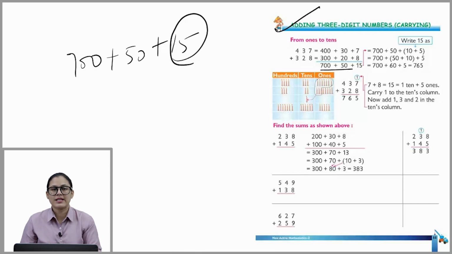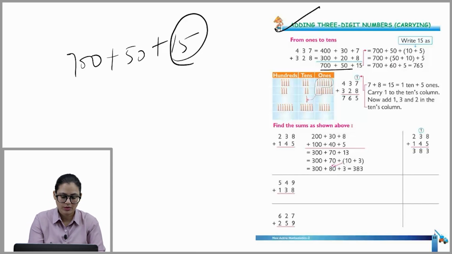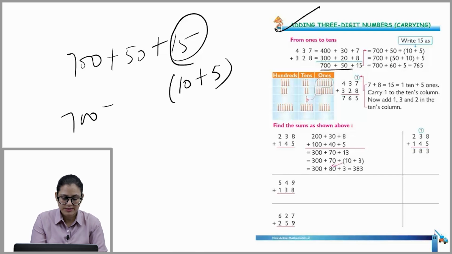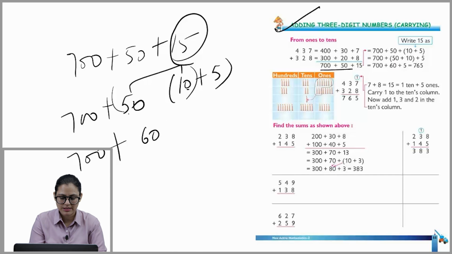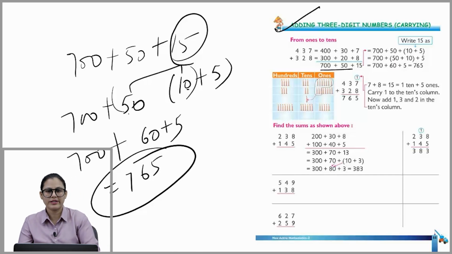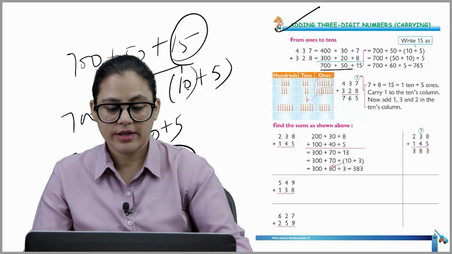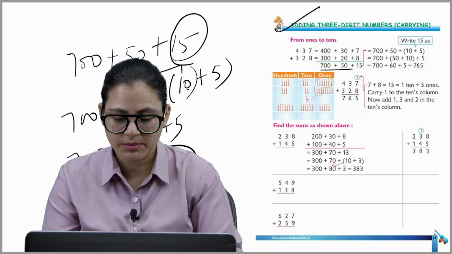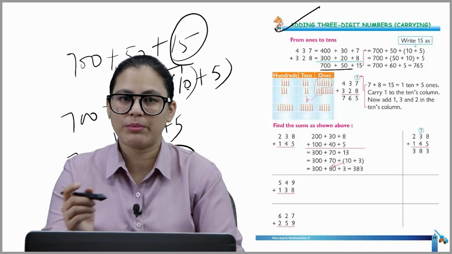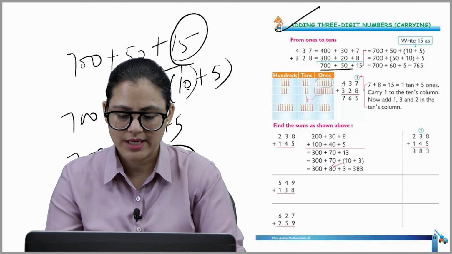We can expand 15 again: 10 plus 5. Now we will add these numbers. 700 plus 50 plus 10, 60, plus 5. Now the answer is 765.